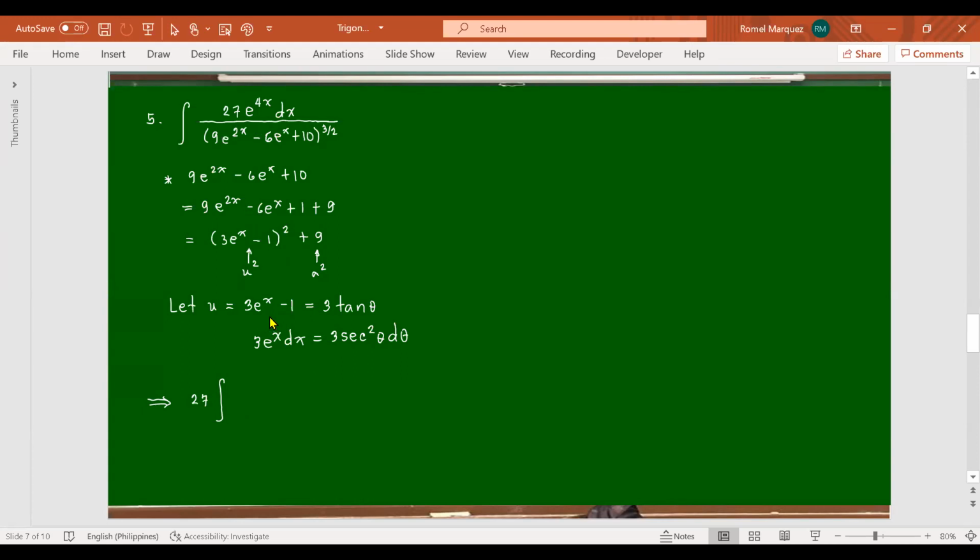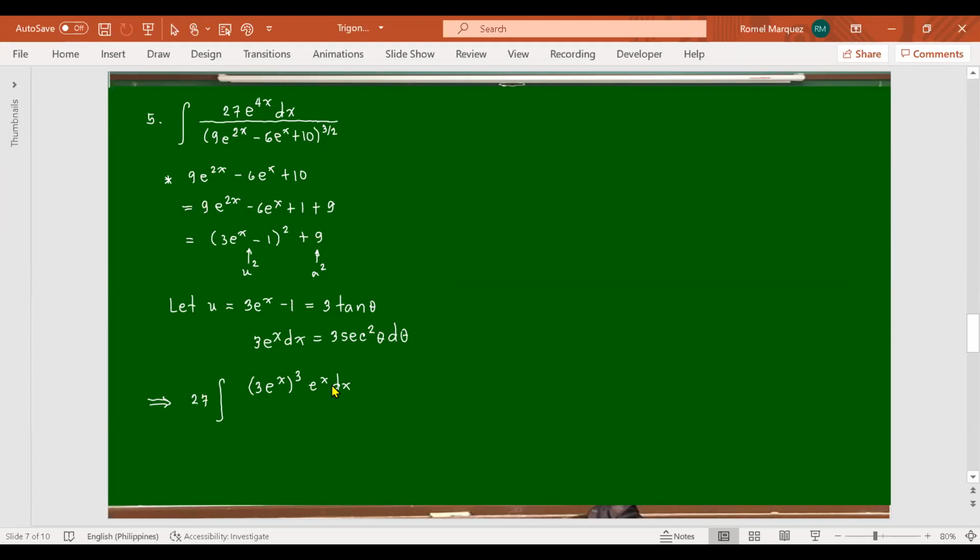So I can express this e to the 4x as (3e to the x) quantity cubed, and then e to the x dx.